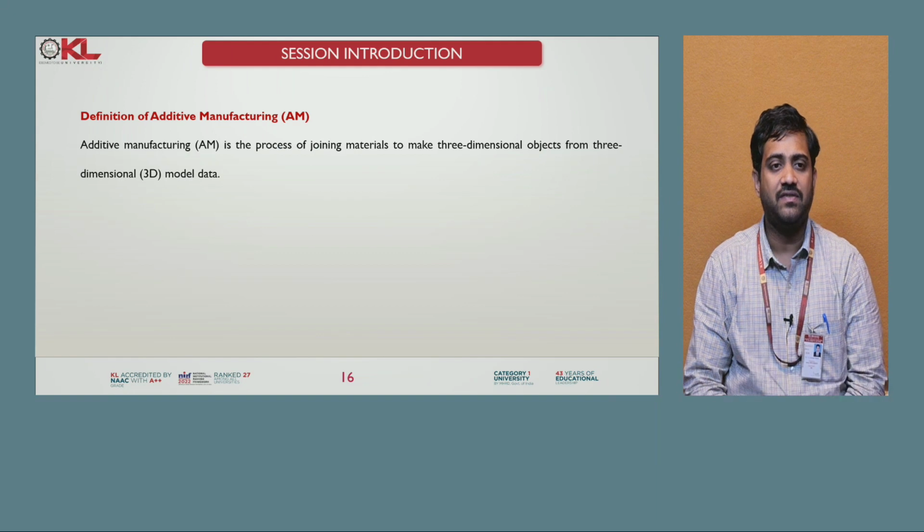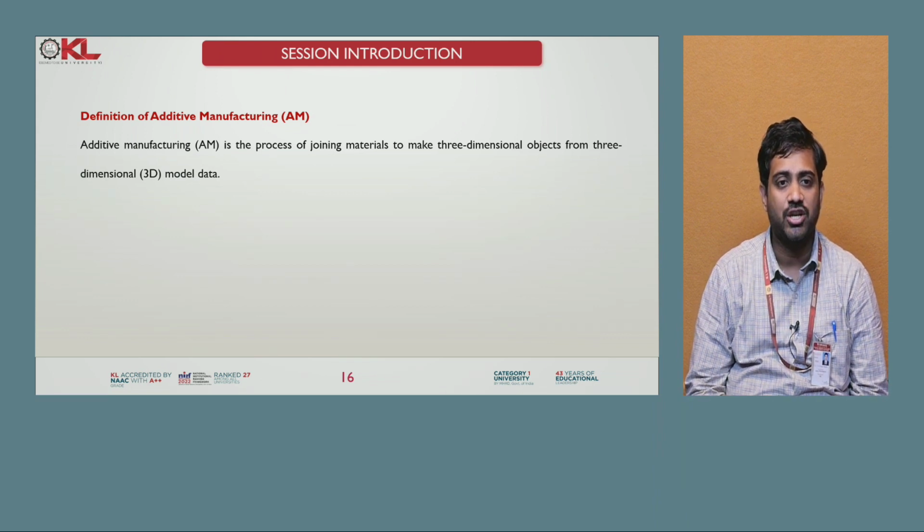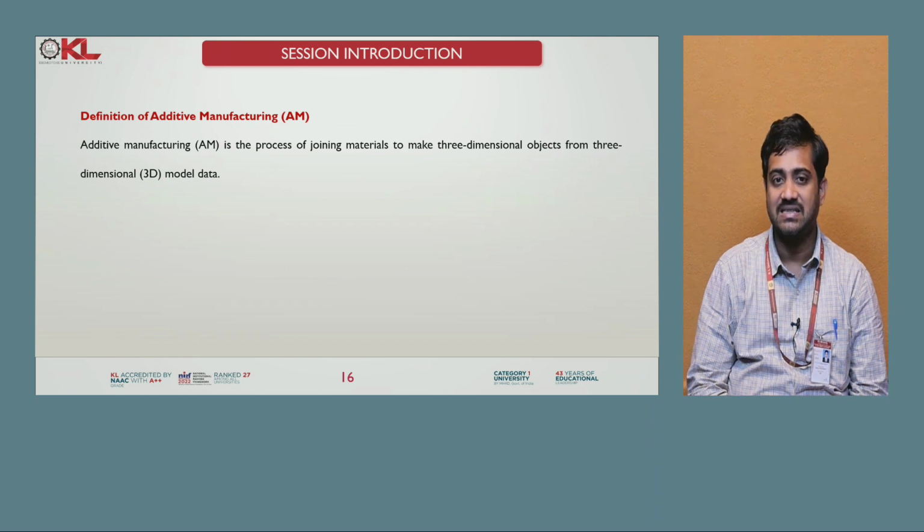First I'll start with the definition of additive manufacturing. It is a process of joining materials to make 3D objects from three-dimensional model data. Whatever 3D drawings are available in CAD software, we can convert into STL format. By loading that format into a 3D printing machine, we can print that existing 3D model as it is.